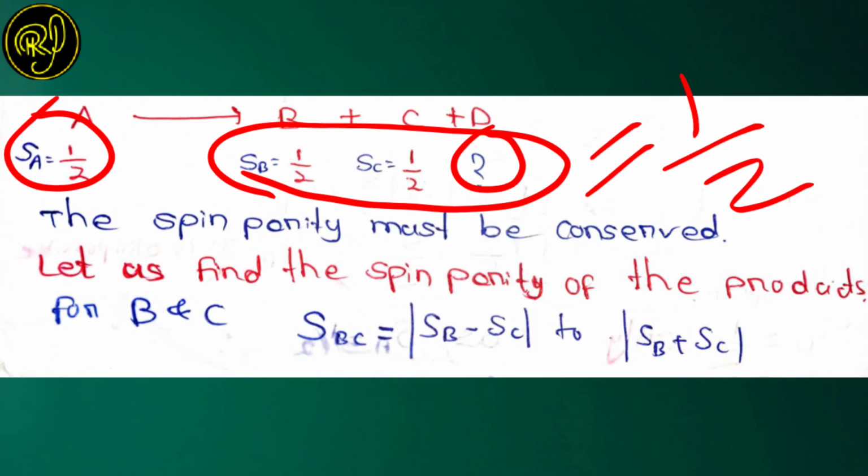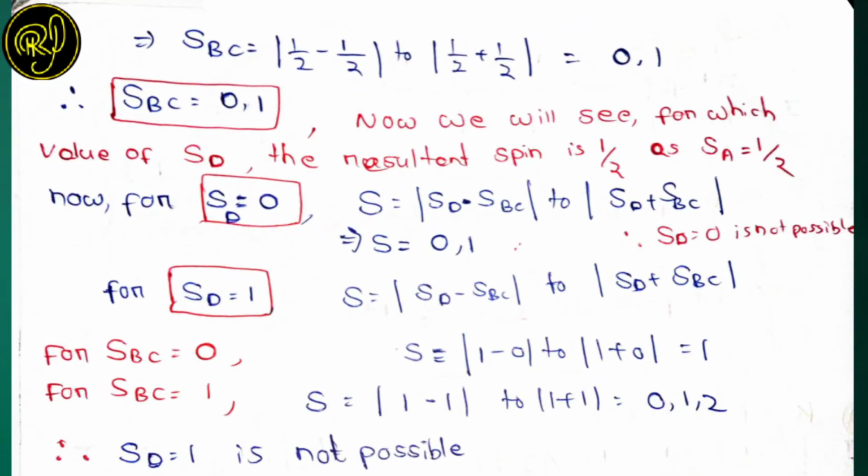Since we got the combination of B and C to be 0 and 1, now we will check what should be the value of the spin of the particle D. Let us consider that the value of SD is equal to 0.